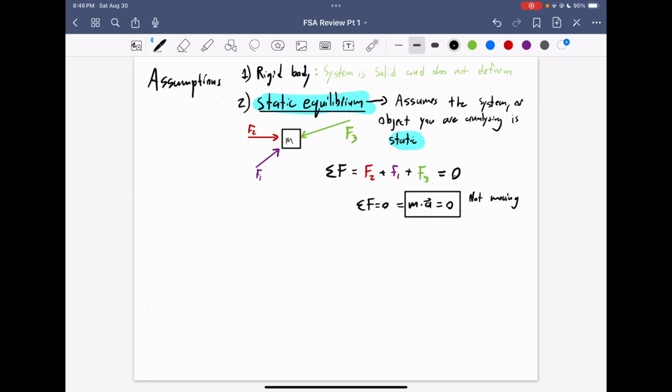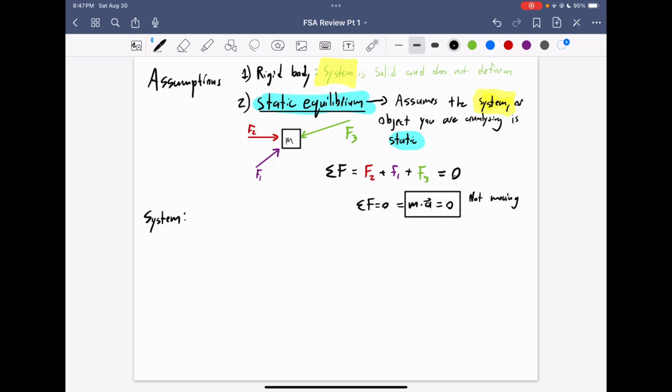And so one thing I want to talk about is, I've used this word a couple of times, and I think, in my opinion, it causes the most pain and confusion in doing force system analysis. And that's the S in FSA, system, right? The system is solid, we're assuming. We're assuming the system is in static equilibrium. Well, what is the system? So let's go ahead and define system.